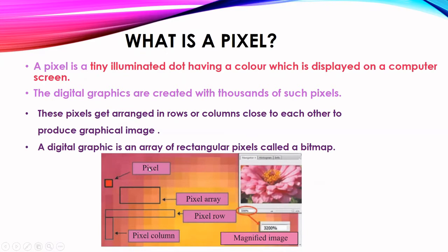You can see there are so many pixels. This part we call a pixel array. Here you can see pixel rows, here you can see pixel columns, and another very important part: when we magnify, we can see those pixels, right?